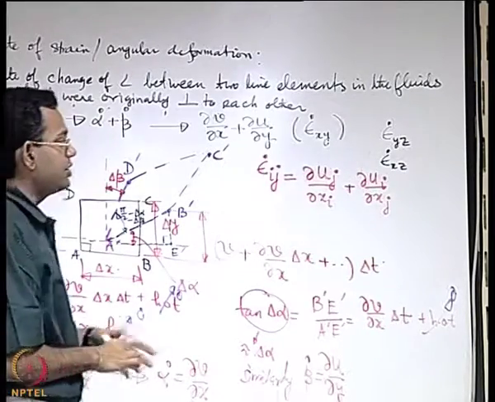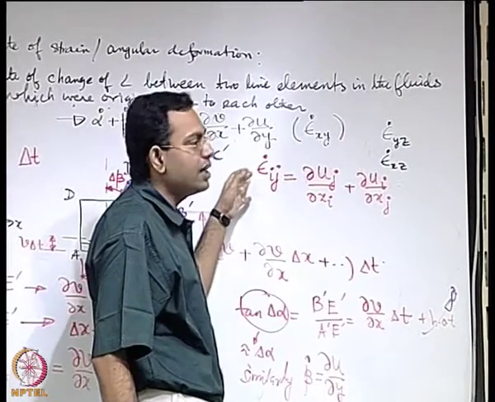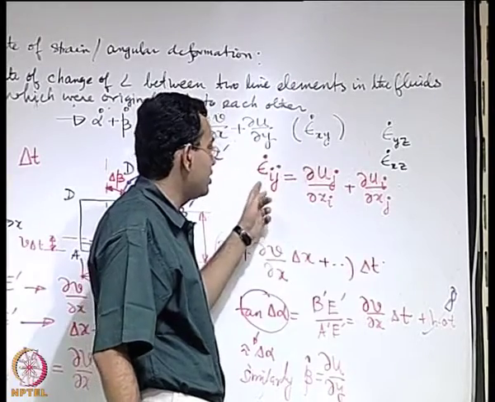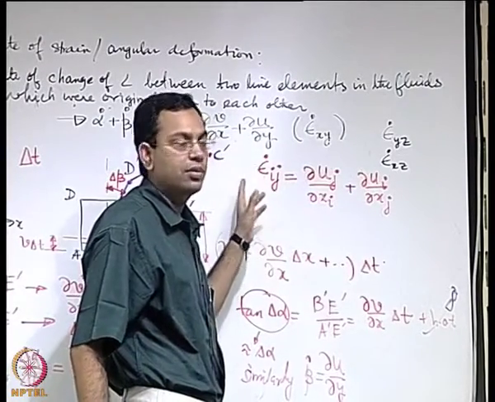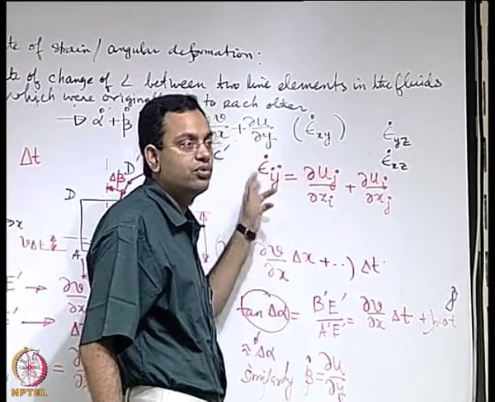The advantage with this notation is, now once you write it, you do not have to bother whether you are writing in xy plane, yz plane or xz plane. It is like you just replace i and j with the particular indices 1, 2, 1, 3, 2, 3 like that.